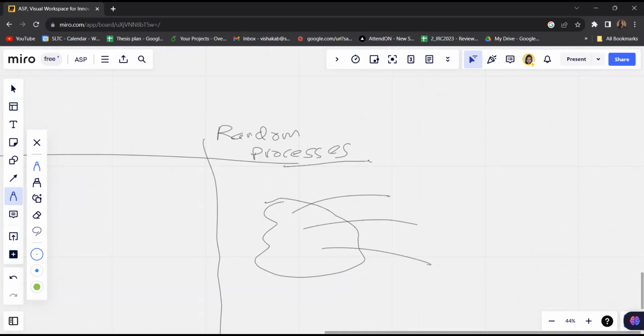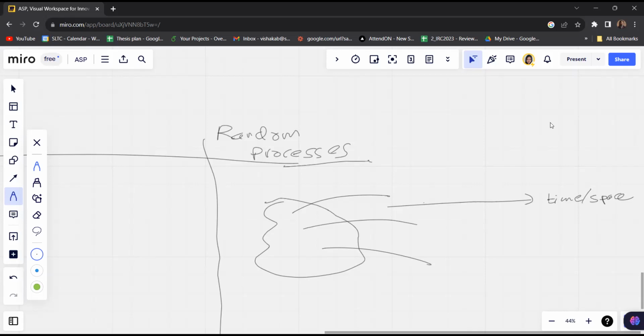Those outcomes were mapped to certain values on the real axis. In the random process, the outcomes will be waveforms with respect to a certain variable like time, for example, or space. These are the most common variables that we are mapping the output into in the random process case.